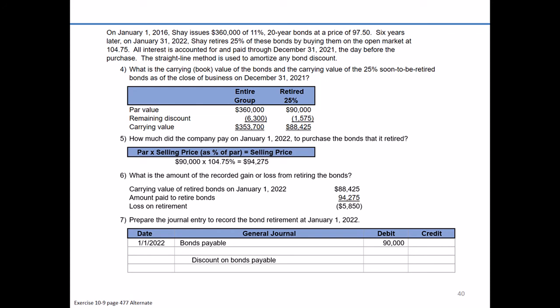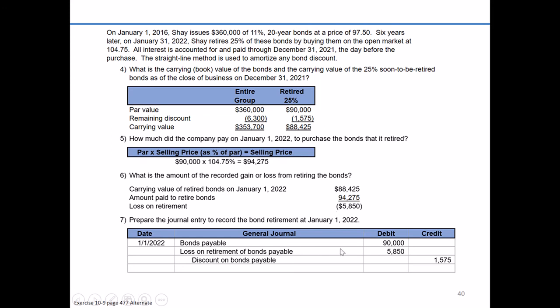We want to take it off because those bonds aren't still outstanding by crediting discount on bonds payable for the remaining amount of $1,575. We also need to record the loss on retirement. Loss is a type of an expense account. We increase it with a debit. So we'll debit loss on retirement of bonds payable for the $5,850 we just indicated in step number 6.